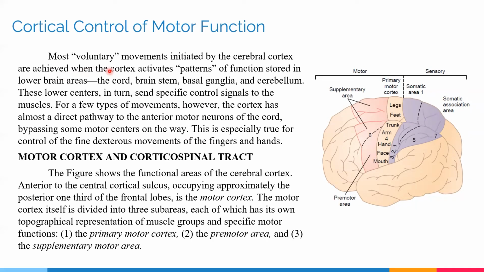Most voluntary movements initiated by the cerebral cortex are achieved when the cortex activates patterns of function stored in lower brain areas, that is, the cord, the brainstem, basal ganglia, and the cerebellum.